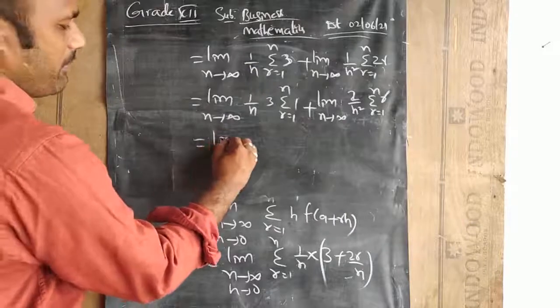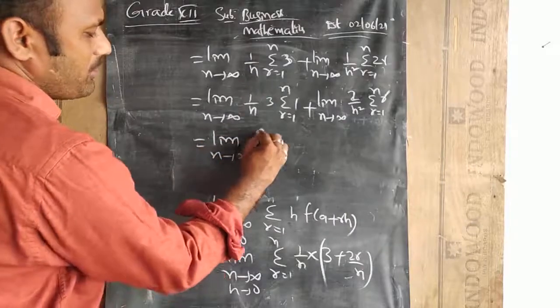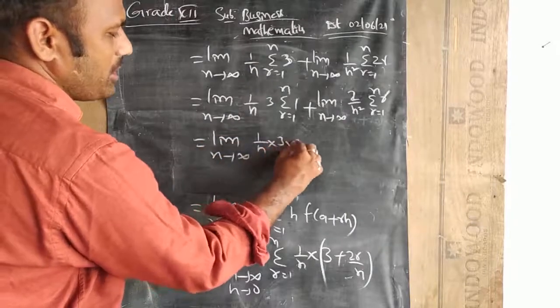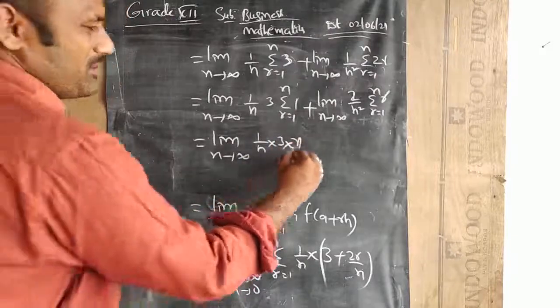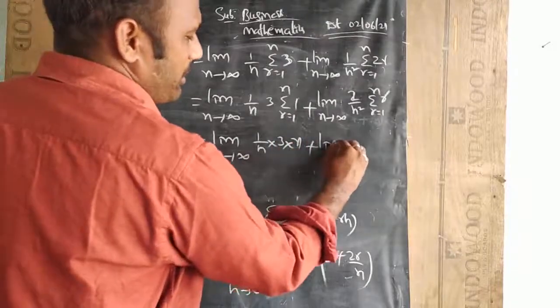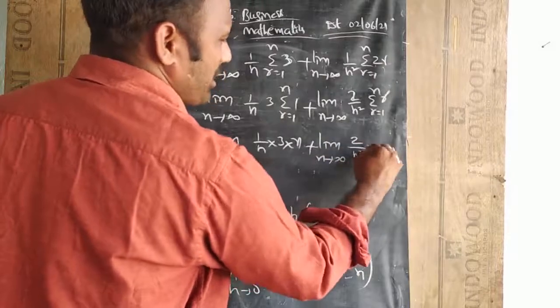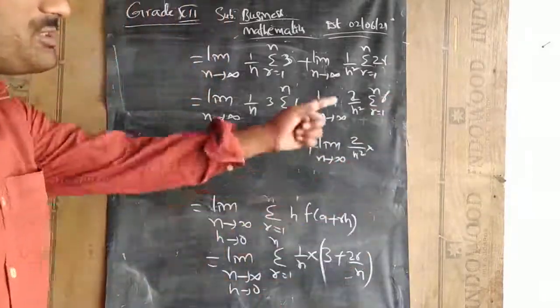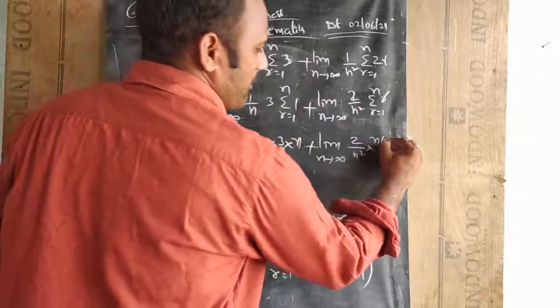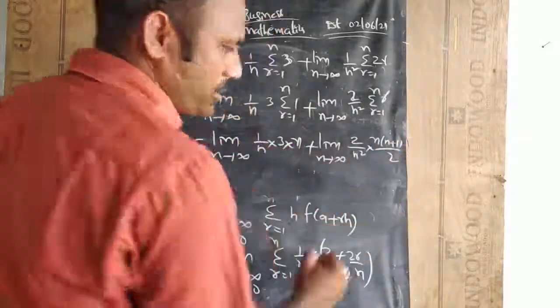So next step, limit n tends to infinity 1 by n into 3 into this value, which will be n, plus limit n tends to infinity 2 by n square. The value for this we have already seen just now: n into n plus 1 by 2.